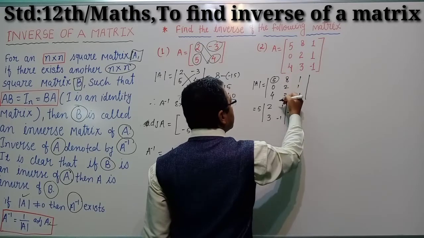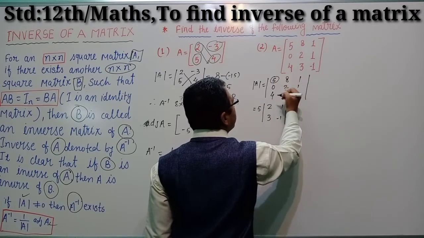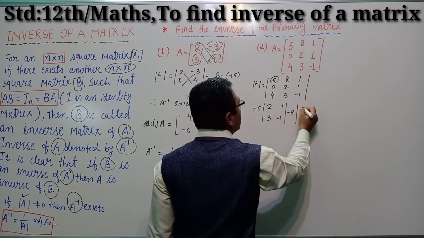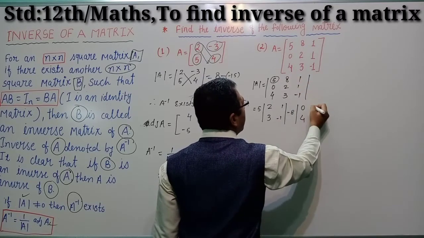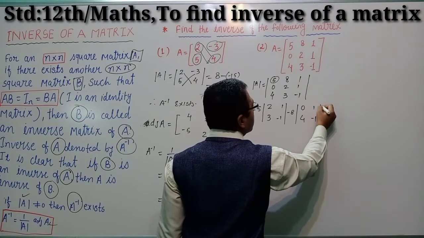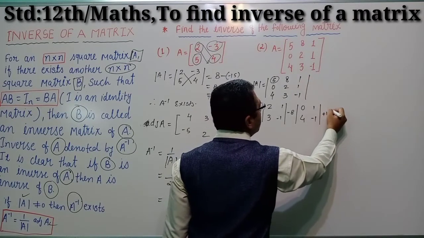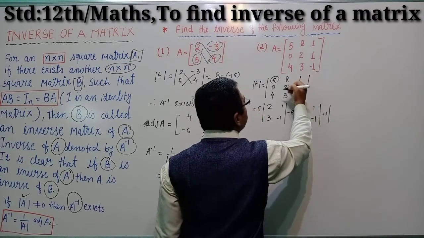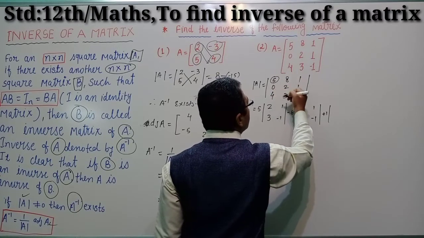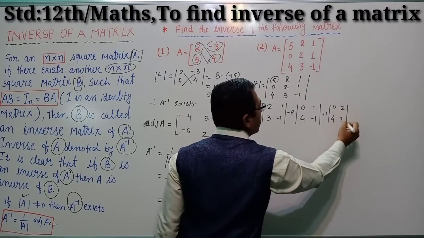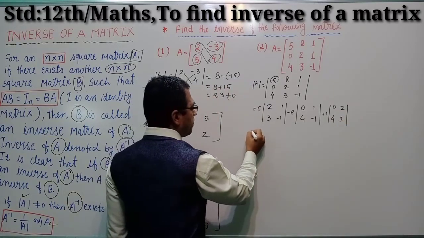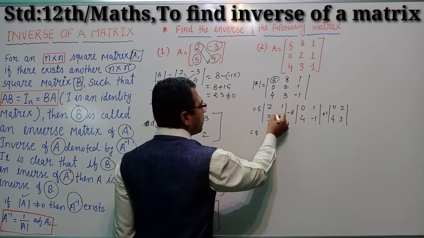Considering this, do not write these elements, so write 0 4 and 1 minus 1. Now plus 1, do not write these elements, so 0 4 2 3, right students?